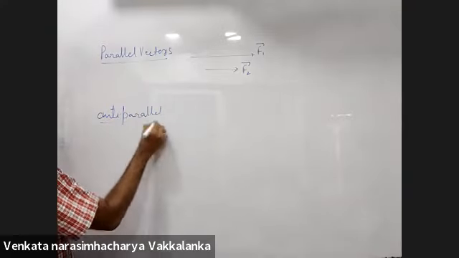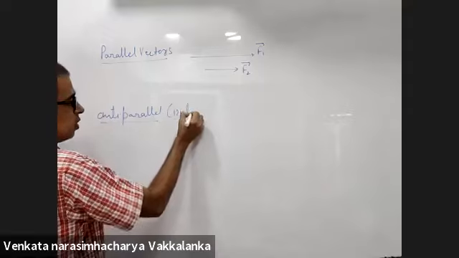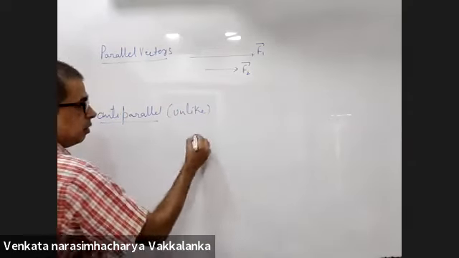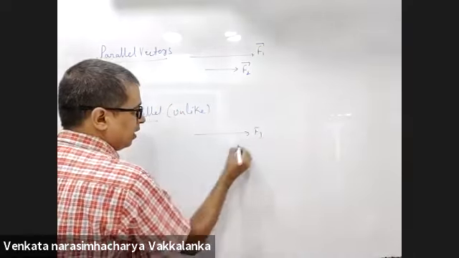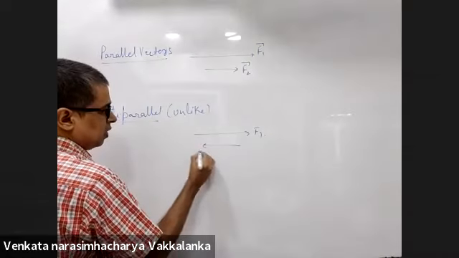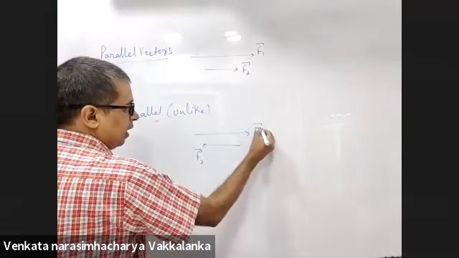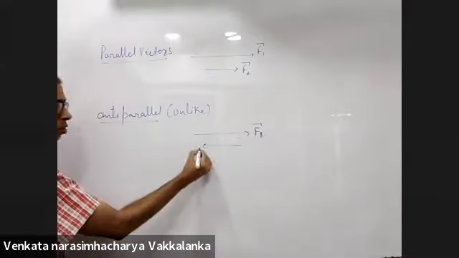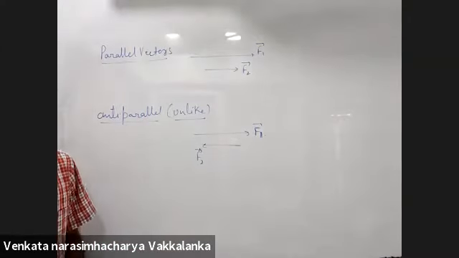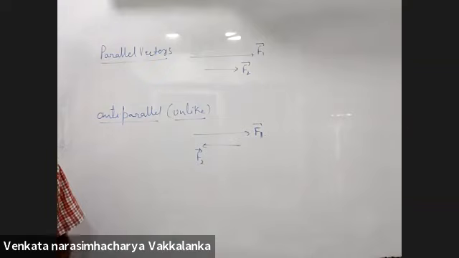Anti-parallel vectors, also referred to as unlike vectors. One is in this direction, the other is in this direction. They are anti-parallel vectors or unlike vectors. Take it down till here.